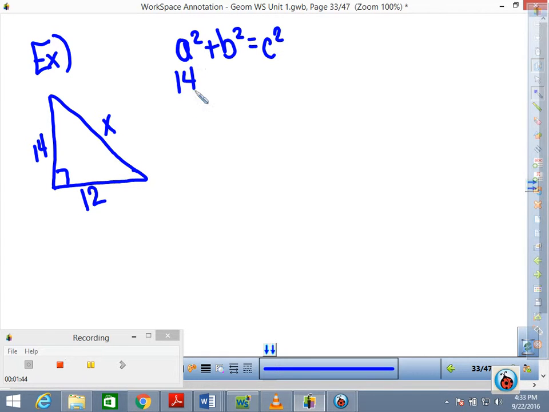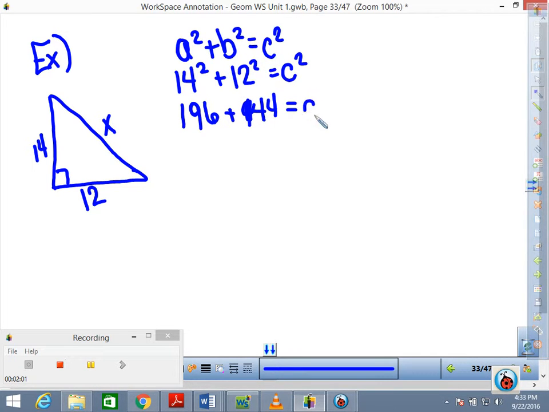So we've got 14 squared plus 12 squared is going to equal c squared. And so then we're going to work that out and say that 196 plus 144 is going to equal c squared. Put those two together and we end up with 340 equals c squared.